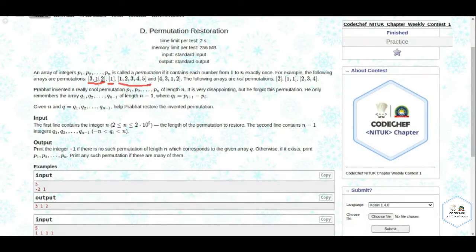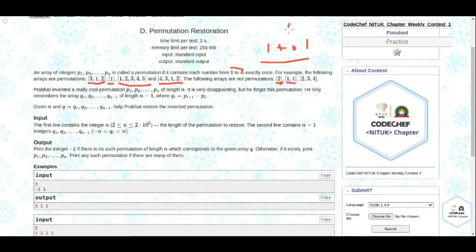They can be in any order, but the condition is that the numbers between 1 to n should be there exactly once. So here also the length is 4, that is n is 4, and numbers are between 1 to 4. And here the length is 1, so it should be 1 to 1. Right? It must be 1, but here it's 2, so it is not a permutation.